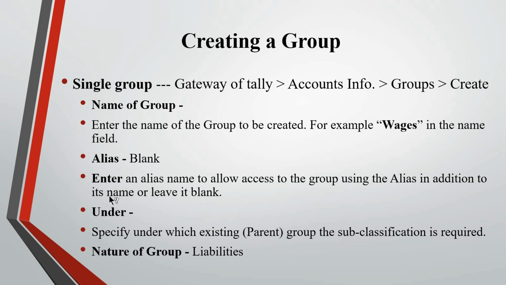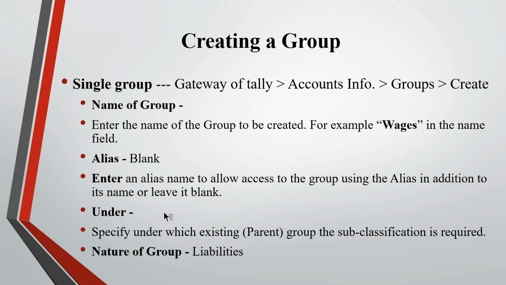Then comes Under. Suppose I provide Under as direct expenses, as we know that wages comes under the group direct expenses. If that is provided, the nature of the group will not come. In that case, what can be done here? Under, we can set it to Primary.